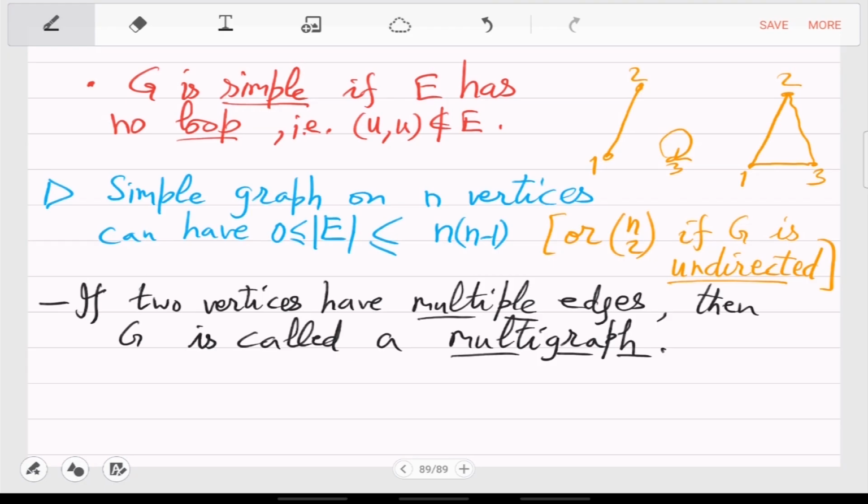So that will need a slightly different picture. There may be, for example, things like this happening. But we don't want to study this immediately, so we will not study multigraphs.